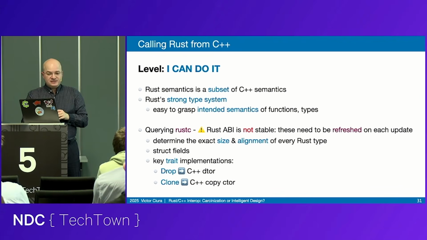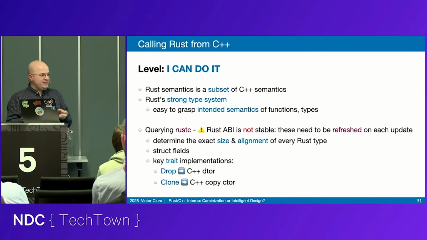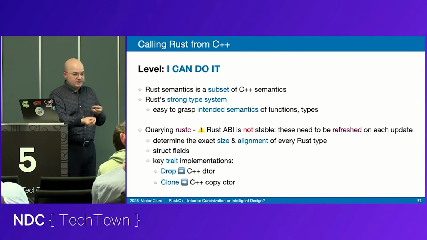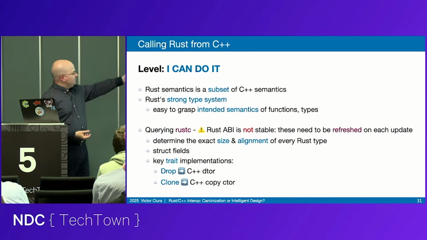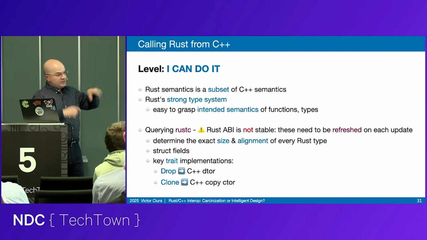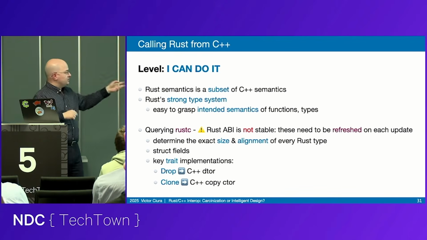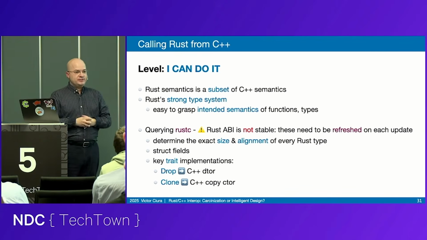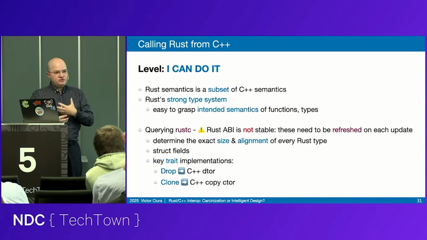But you can at least get structure layout information, struct fields. You can even infer the mapping of special member functions from key trait implementations. You can literally see, okay, this type implements these traits, and let's say, oh, it has a Drop trait implementation. I can map that to the C++ destructor, or Clone and so on. So there's more stuff that you can query and prove reliably rather than guessing.